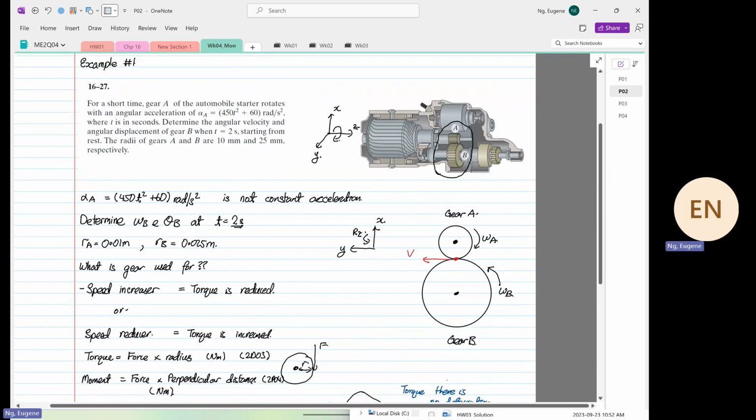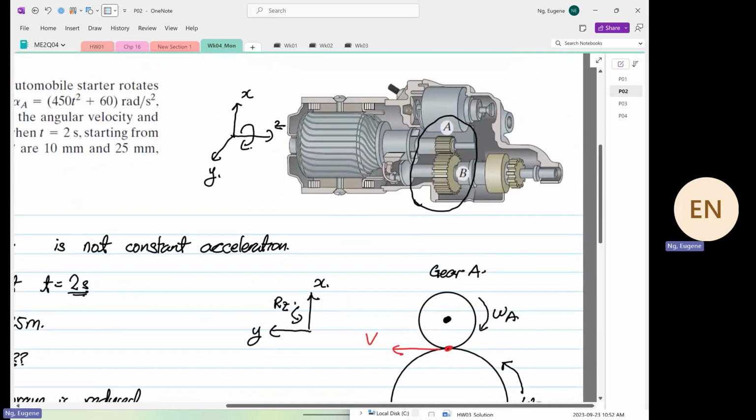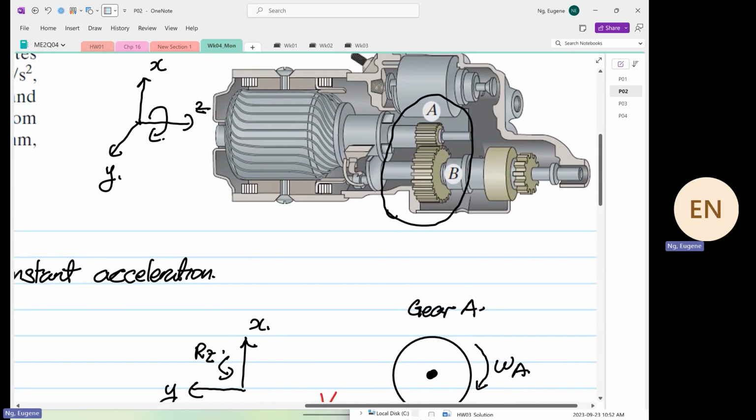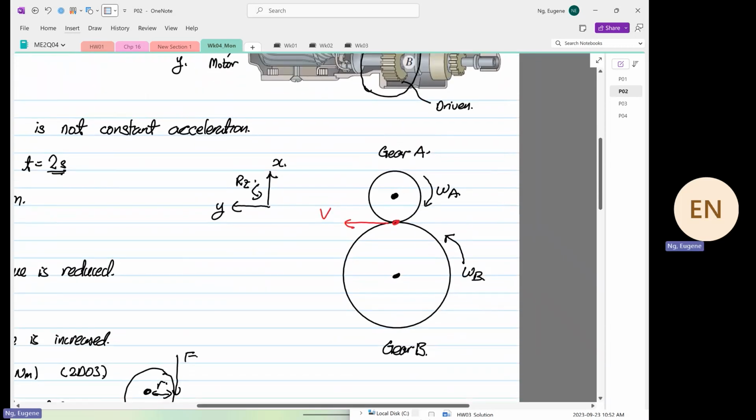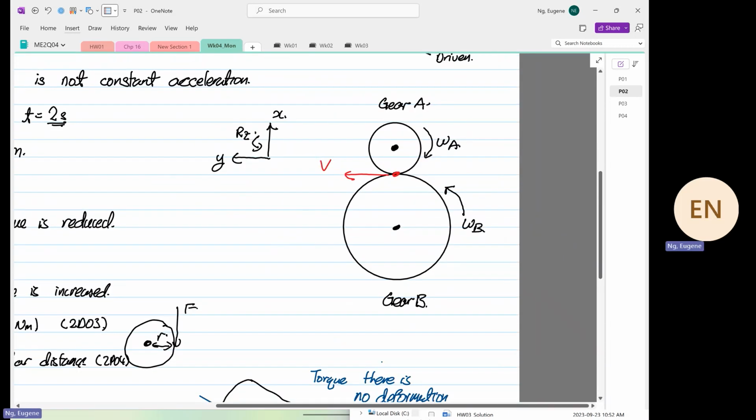Back to this diagram over here, you can zoom in. Maybe you don't know, but I'll tell you now, this is our motor. The motor drives gear A. So gear A is the driver. Gear B is known as the driven. And then there's a formula that you all have to know. I was hoping that you all had learned gears already.